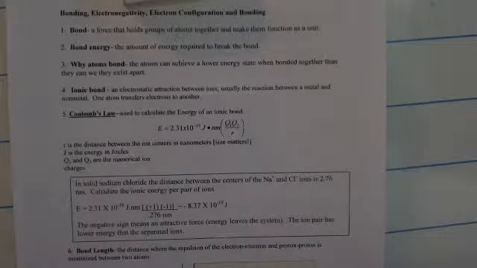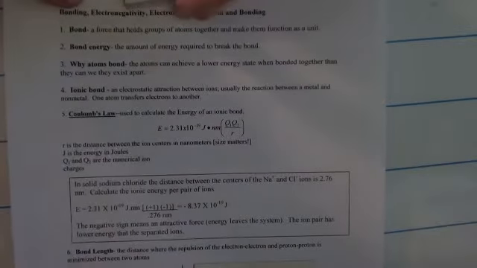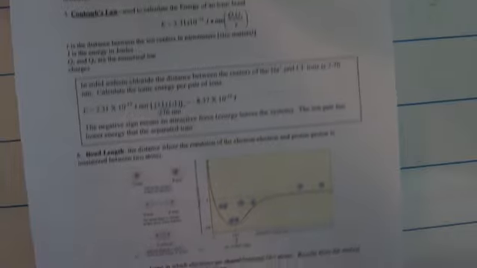The energy of the bond is equal to 2.31 times 10 to the negative 19th joule per Newton meter times Q1 Q2, the charge of the ions, over R, the radius between them. I'm going to skip over the practice problem and go to bond length.